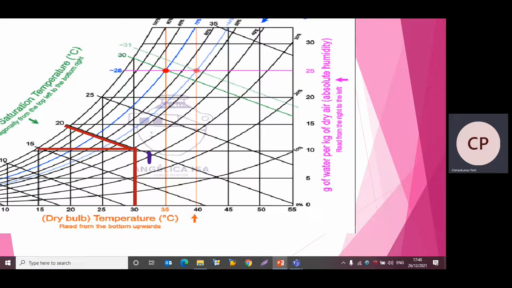Here this red inclined line indicates the wet bulb temperature. So what is the wet bulb temperature? That is TW1 equal to 19.08 degrees Celsius. Here is the point of intersection, and we have to note down that.